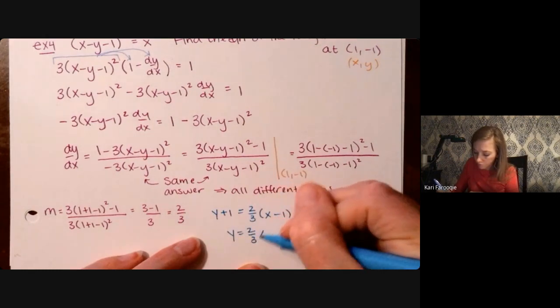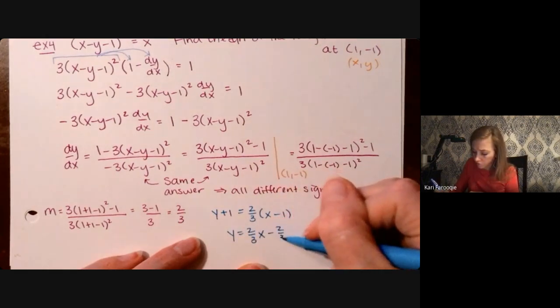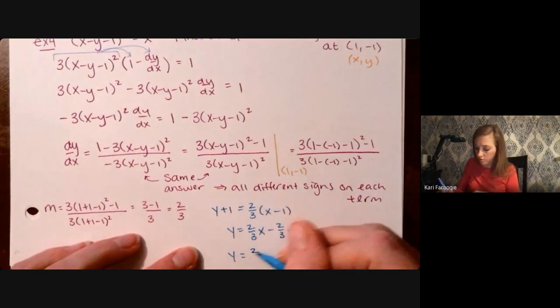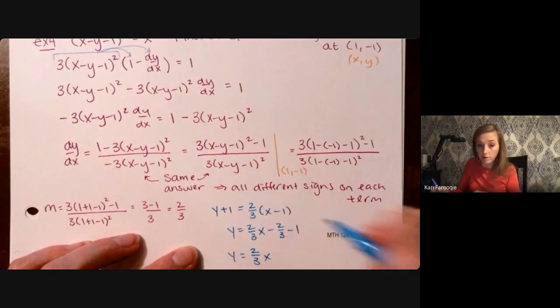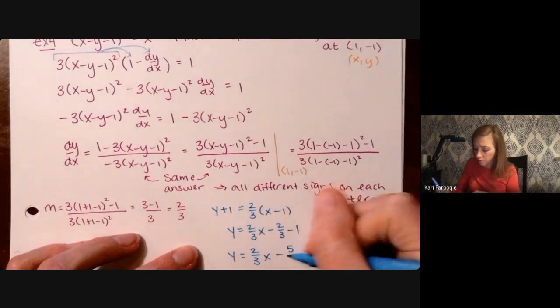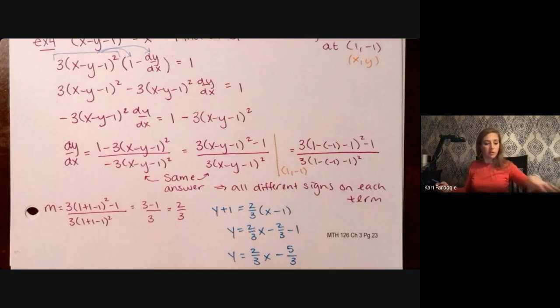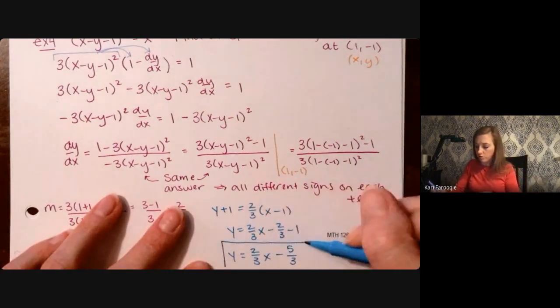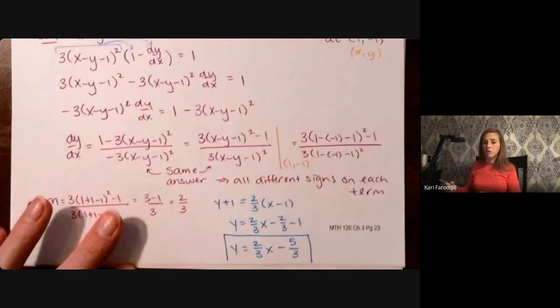So we have 2/3 x minus 2/3 minus 1. So we have y equals 2/3 x, and then 1 is just 3/3. So -2/3 minus 3/3 is -5/3. And here is the equation of the tangent line to the graph.